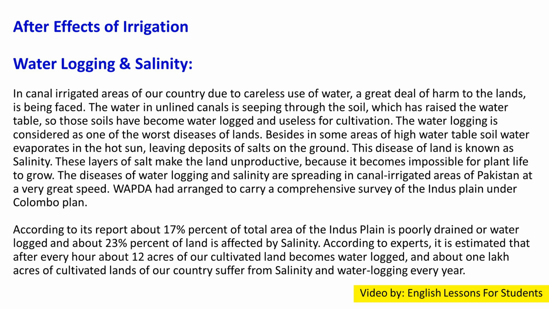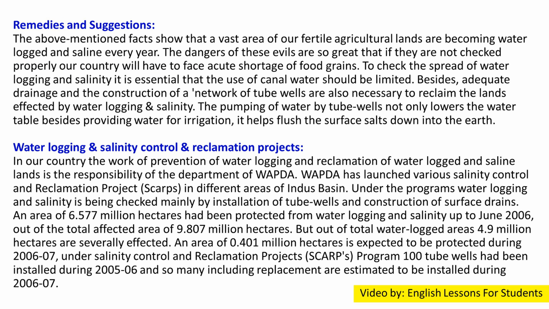According to experts, it is estimated that after every hour, about 12 acres of our cultivated land becomes waterlogged and about 1 lakh acres of cultivated lands of our country suffer from salinity and waterlogging every year.